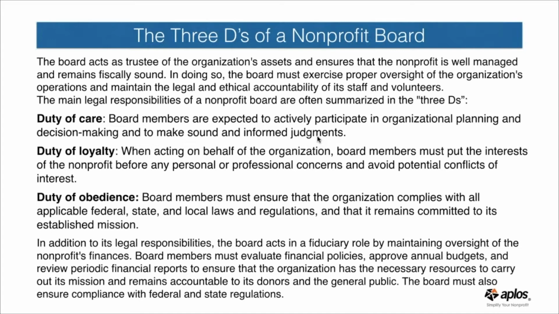This is big because if you're coming into a board meeting with your own agenda, whether personal or professional, many times you're not going to be as effective. So that duty of loyalty means you need to step back and ask, what's in it for me or what's in it for the organization? That's the second D. And the last of the 3Ds is the duty of obedience.